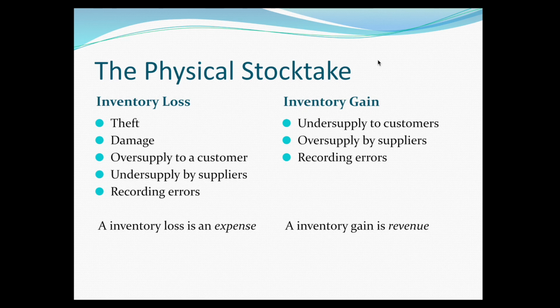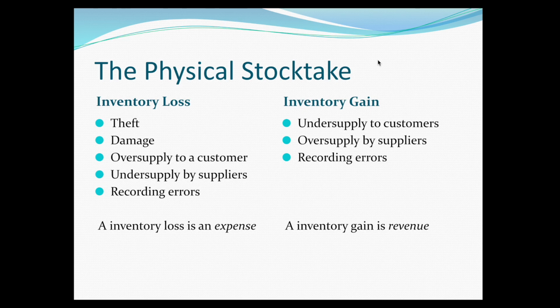For inventory gains, however, you have an undersupply to customers, oversupply to suppliers, right? So basically they're switched around. Remember, for inventory loss, it's an oversupply to a customer because you're giving more than you need.